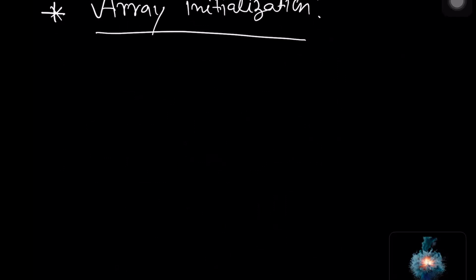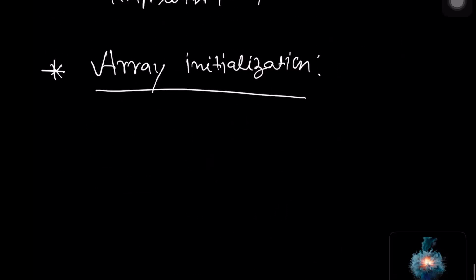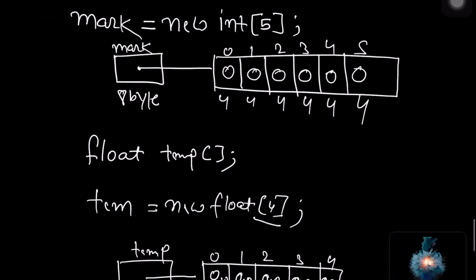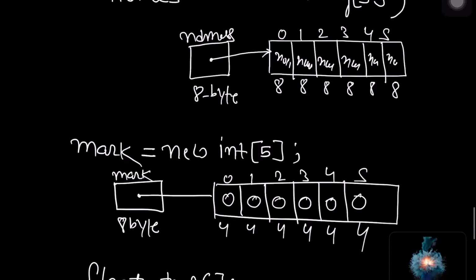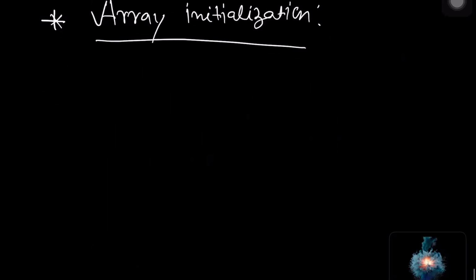Now the first way to initialize the array: I can initialize the array directly through the index. We'll take a reference of mark, which you have created, which can store 5 elements and is integer type. Let us assume I'm going to initialize it.